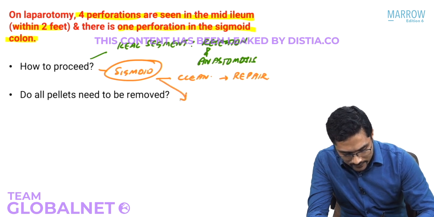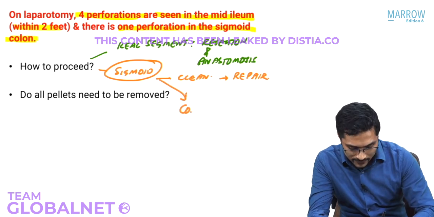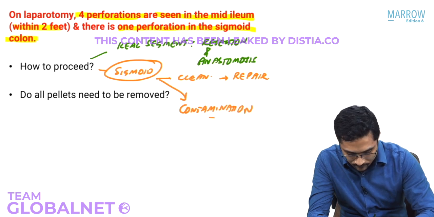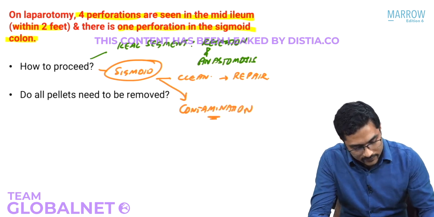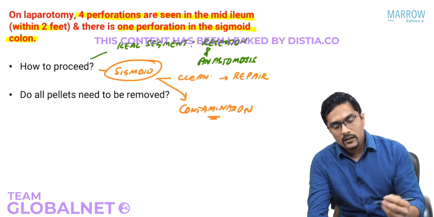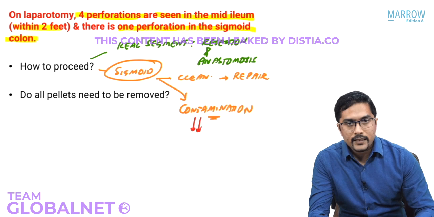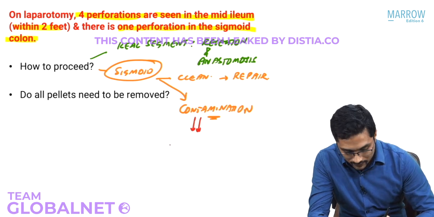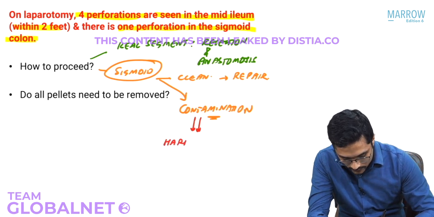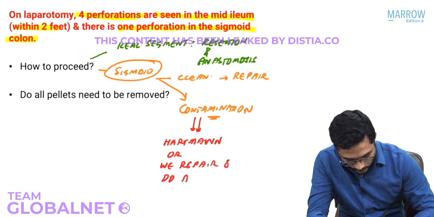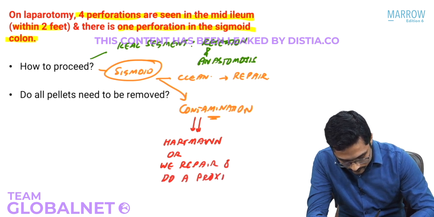But in such a case, when there is a lot of contamination, already there are 4 perforations in the ileum, patient has a gunshot injury, unhealthy conditions, unhealthy bowel. In this case, it would be better that we carry out a Hartmann's procedure, or we repair and do a proximal colostomy.